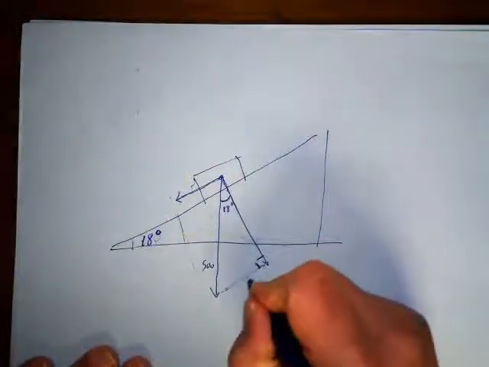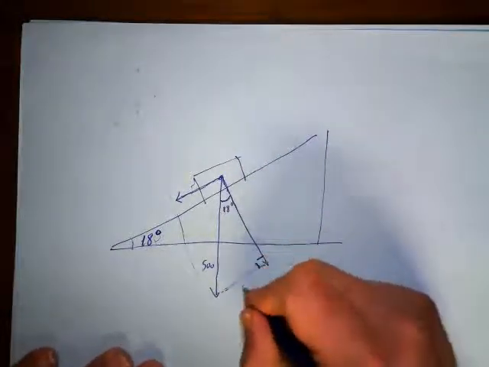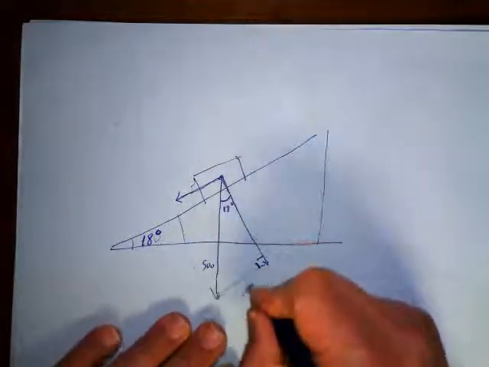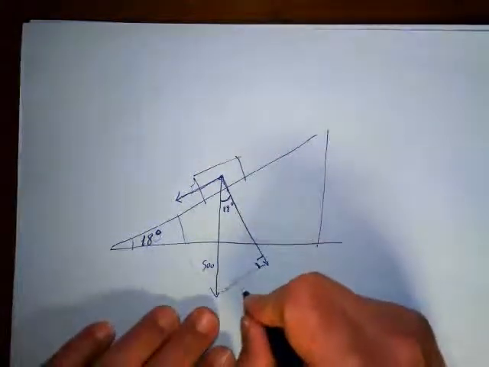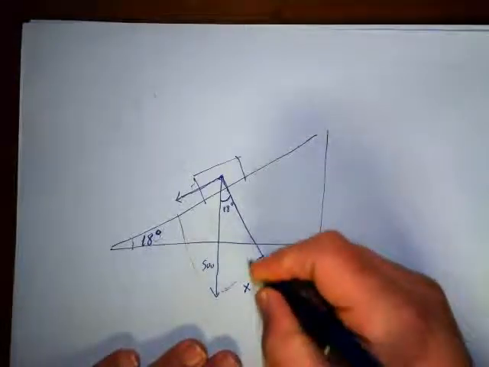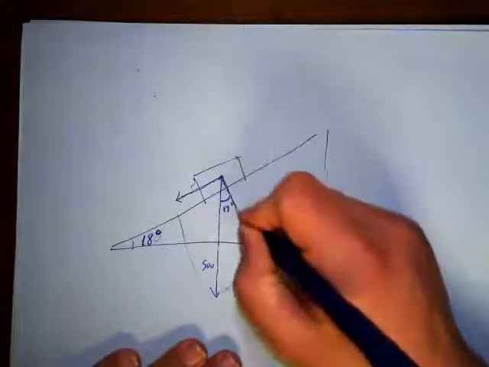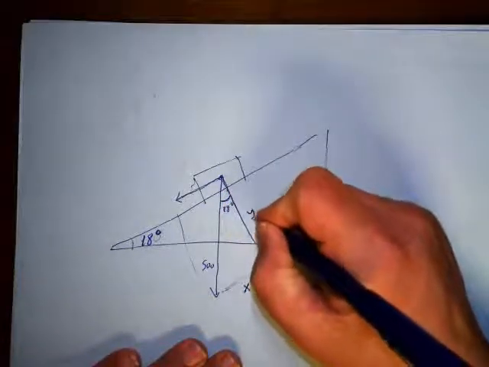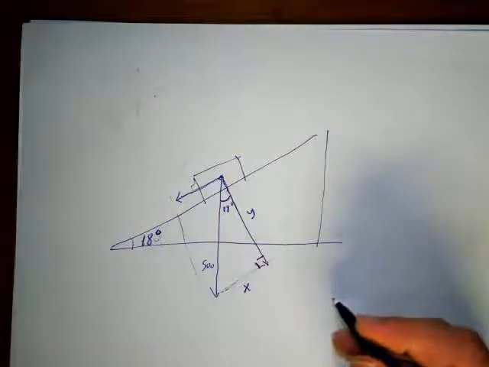And so 500 is your hypotenuse. This side is your opposite, but this is going to be the parallel side. So I'll call that the X. And this is going to be the perpendicular side. I'll call that Y. Doesn't matter which one you call which.